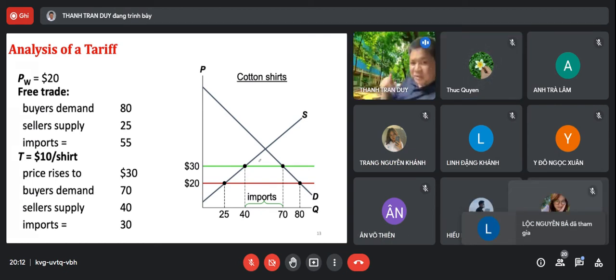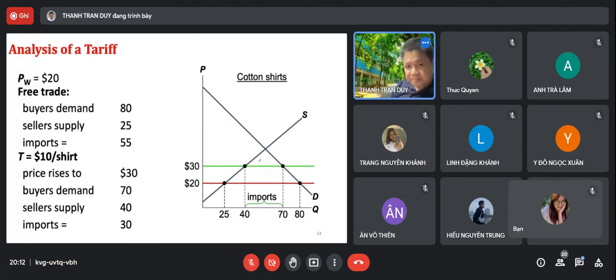Yeah, the price is higher. When Donald Trump became president, he stopped TPP and imposed high tax on Chinese products. A lot of American people are not happy because in the past they paid a low price, and now they have to pay a higher price. So local consumers are not happy.